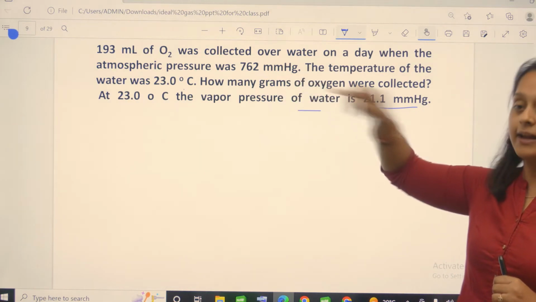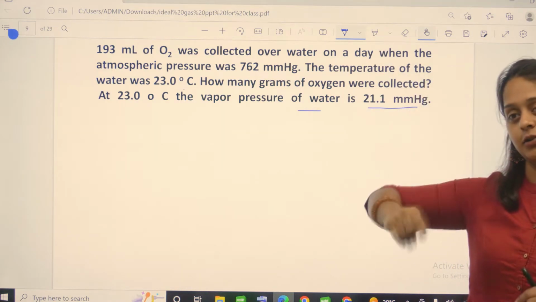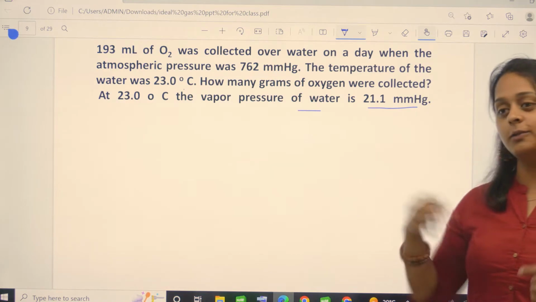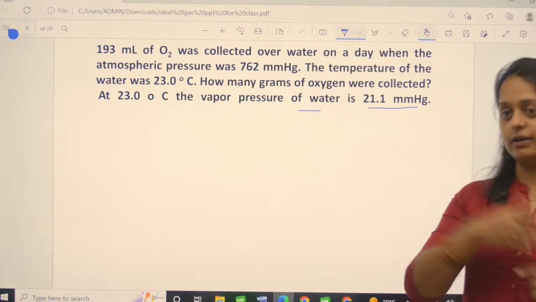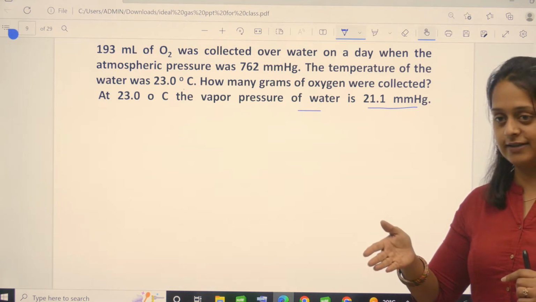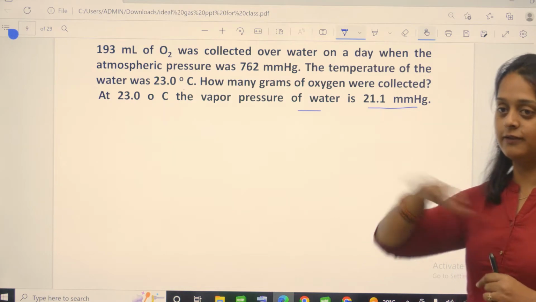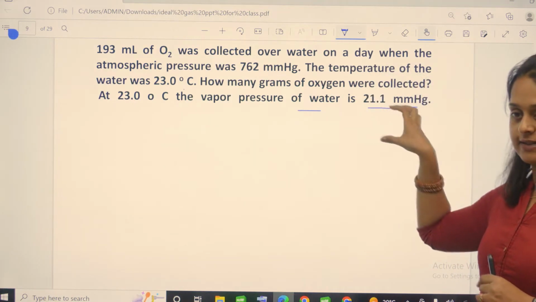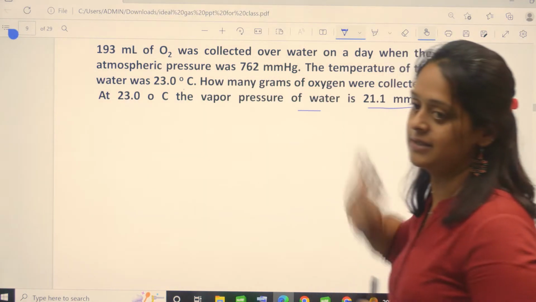Why am I not making you write? Because as you solve the question, this will be by-hearted in your mind. If I make you write, you will always be checking over there. Instead, if I tell you 1 atmospheric pressure is equal to 760 torr, which we solved just now, similarly, 1 atmospheric pressure is 760 mmHg. Clear? All this information is given to me.